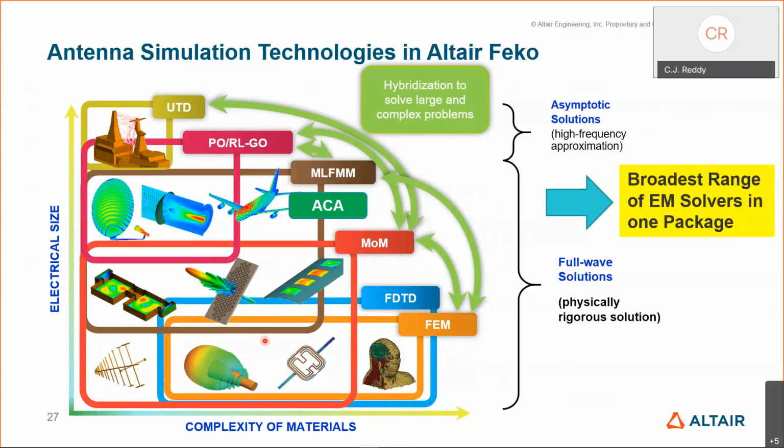These methods can be useful for a specific class of problems. For example, FEM could be very useful when you have a lot of materials. Same thing with FDTD. Method of moments could be very useful when you have metallic objects as well as wires and those kinds of things. Adaptive cross approximation could be useful. And of course, as you go to higher electrical size, MLFMM can be very, very useful.